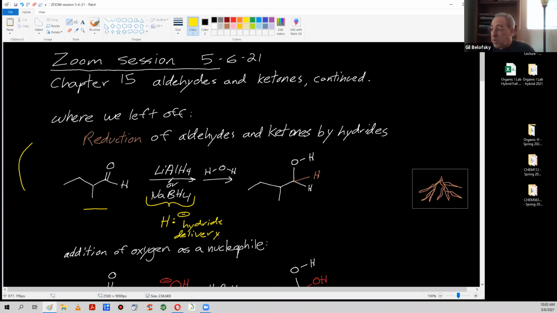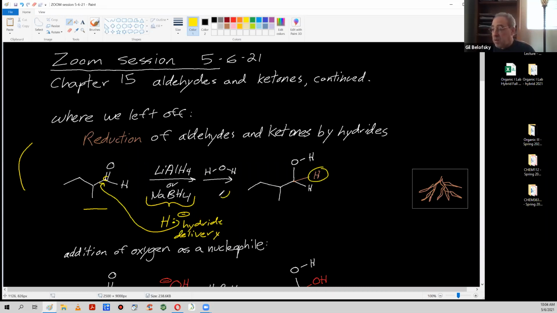And we have the word nucleophile as something that can form a new bond using electrons to a carbonyl carbon. Remember, there's a carbon there of an aldehyde or ketone. And a hydride is the simplest nucleophile, just a hydrogen with a minus charge. So that's this hydrogen that got added.